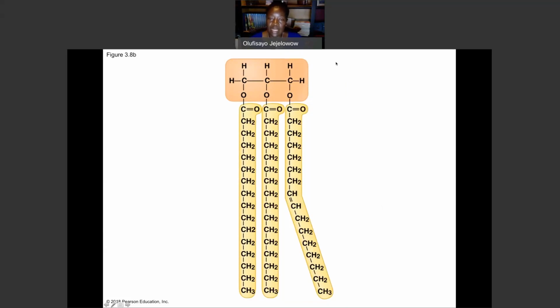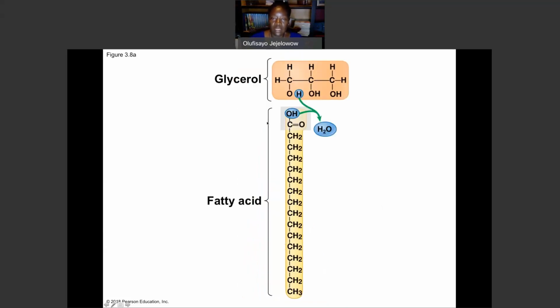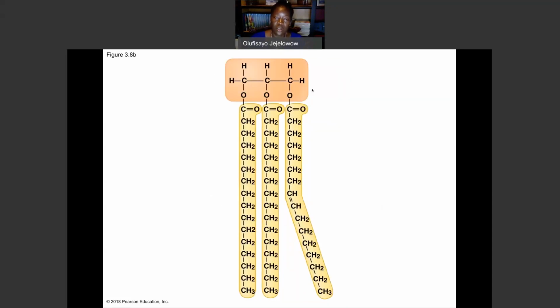When the second OH group forms a bond with another fatty acid, then we have a diglyceride. When the 3 hydroxyl groups form a bond with 3 fatty acids, when the glycerol is bonded to 3 fatty acids, then we have a triglyceride.